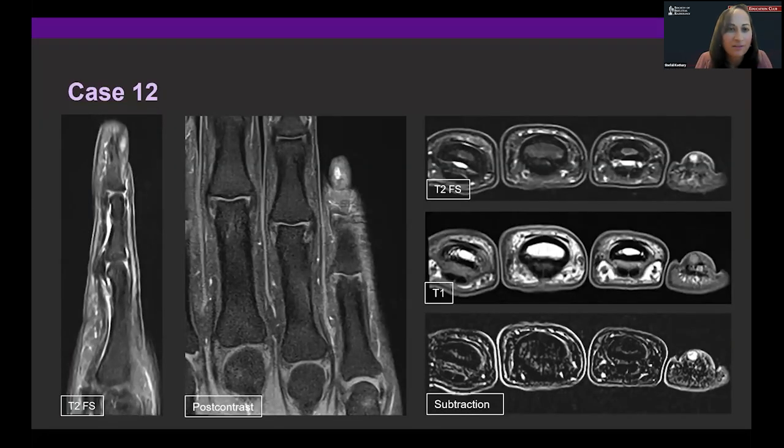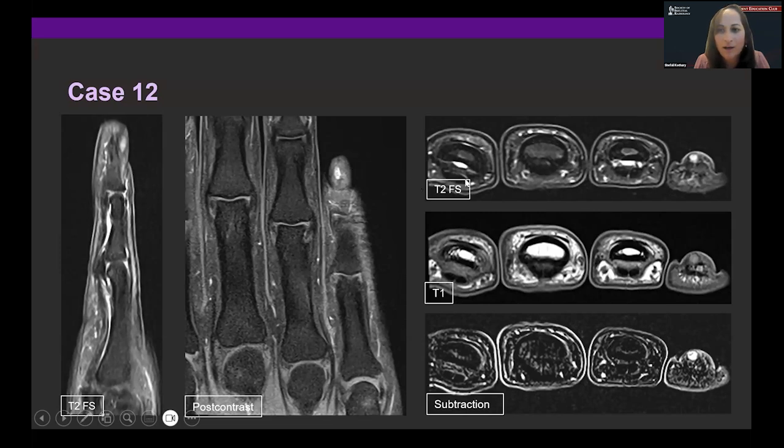So looking at our case, we see this hyperintense mass at the dorsal aspect of the distal phalanx. And then on our post-contrast sequence, we can see that it's enhancing.